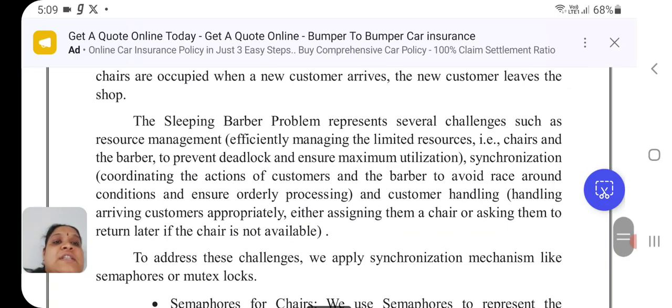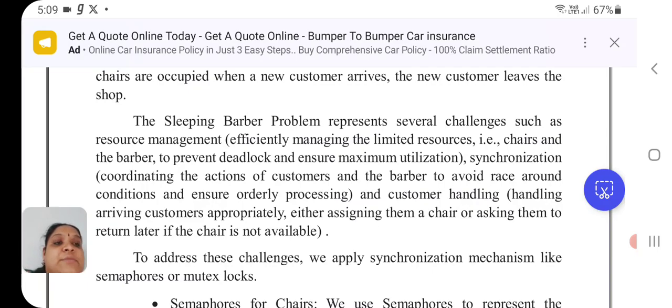So the sleeping barber problem represents several challenges. Resource management, that is efficiently managing the limited resources, the chairs and the barber, to prevent deadlock and ensure maximum utilization. Synchronization, where it coordinates the actions of customers and the barber to avoid race conditions and ensure orderly processing.